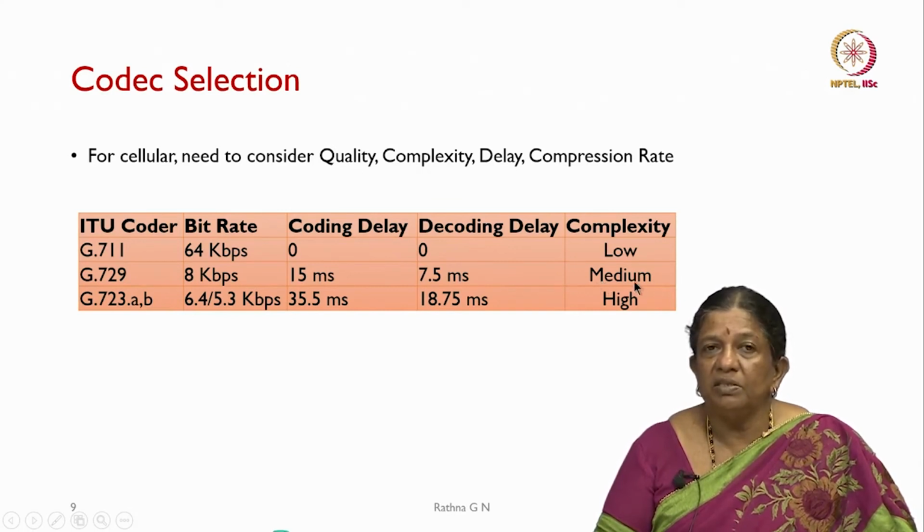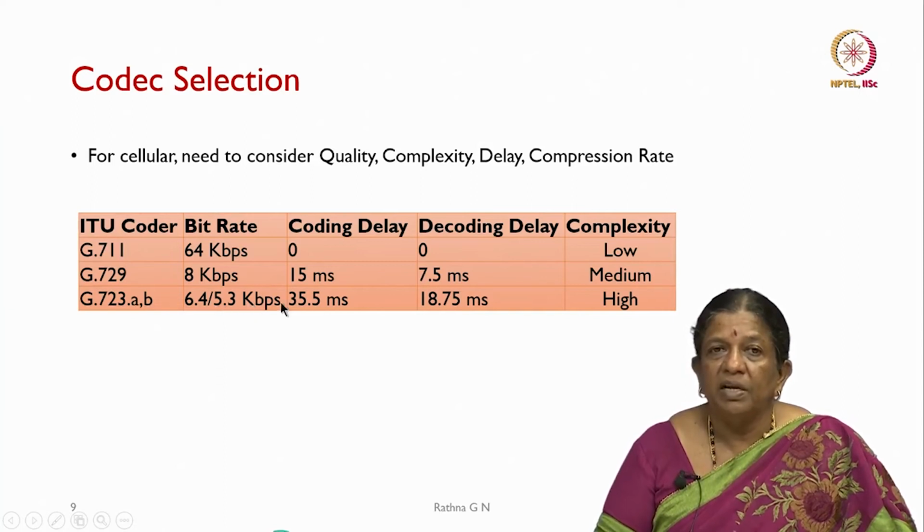If you use G.723, the versions are A and B. It can run at 6.4 kilobits per second or 5.3 kilobits per second. The coding delay is 35.5 milliseconds and the decoding delay is 18.75 milliseconds, and the complexity is high.